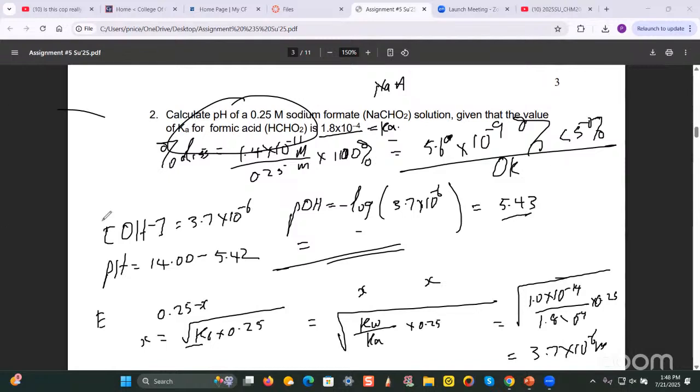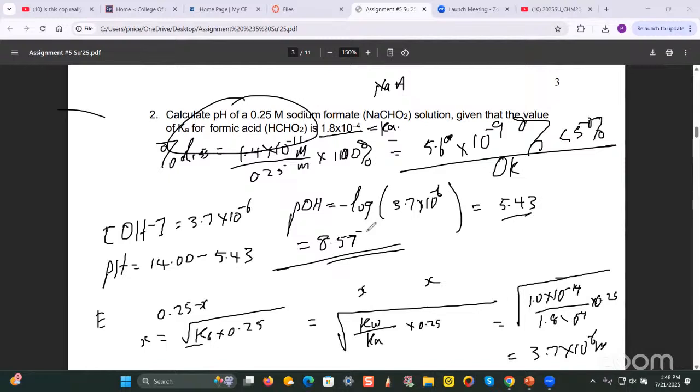So this should be 5.43 here. So let's see now. 8.57 would be the answer. All right, so that's basically how that is done.